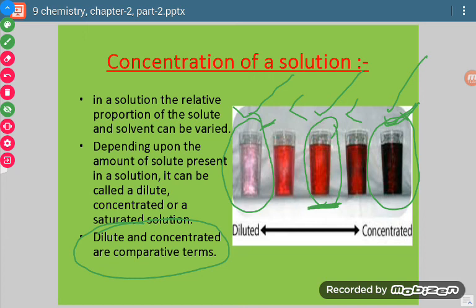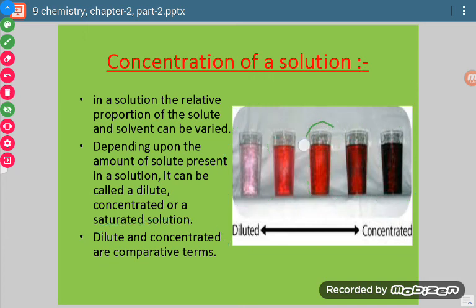It depends on what I am comparing it with. So this solution is more concentrated than this. Similarly, this is less concentrated than this. So we can say that dilute and concentrated are comparative terms.